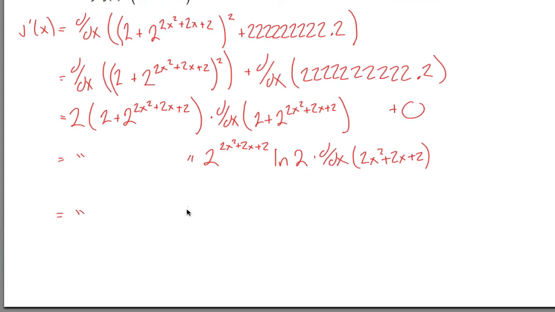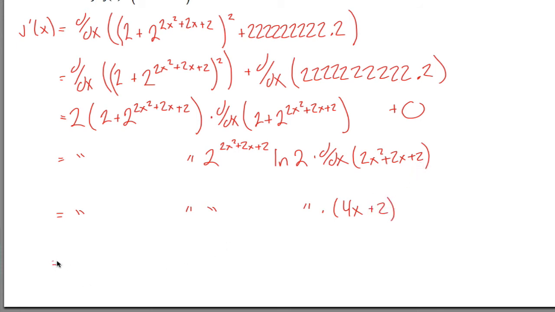So what I get is this is all the same. I just have to figure out the derivative of this thing. Finally, something that's doable. The derivative of a polynomial, just take it term by term. The derivative of 2x squared is 4x. The derivative of 2x is just 2. The derivative of 2 is 0.